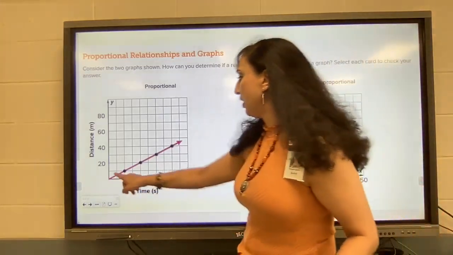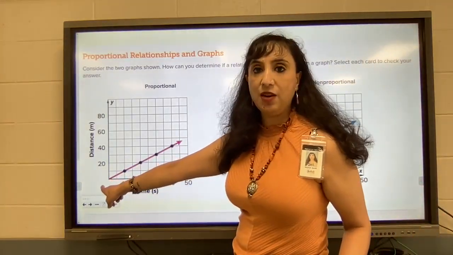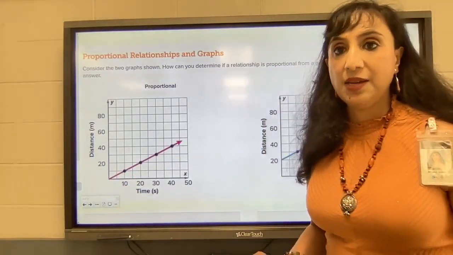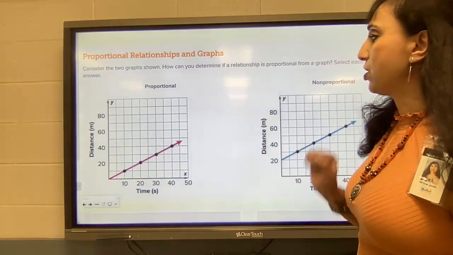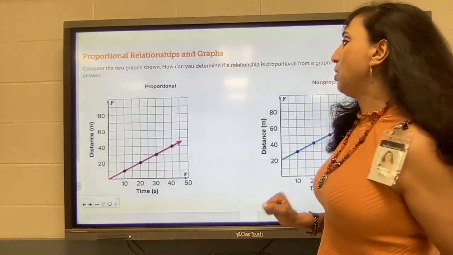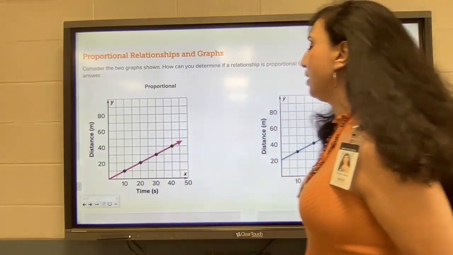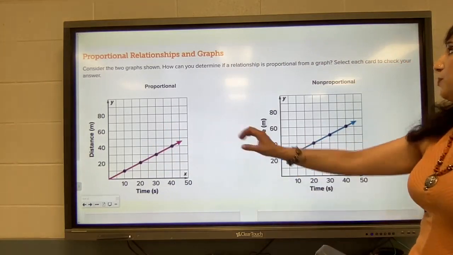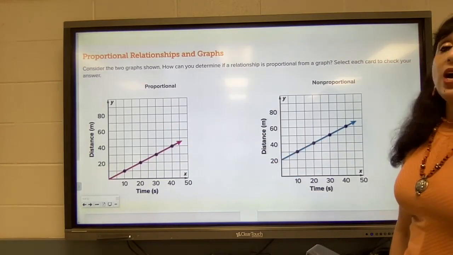Is this passing through 0, 0? Yes. And then the graph has to be a straight line. Yes, this is also a straight line and it's passing through the origin. So this one is a proportional graph. The relationship is proportional between y and x.